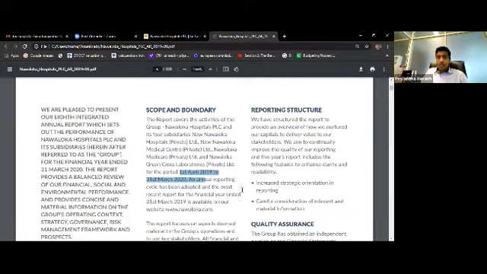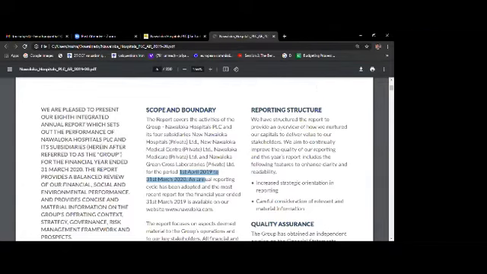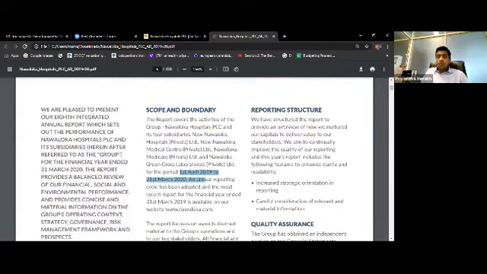Then reporting structure. Can you see this? Can see, sir, yes. Yeah, reporting structure. We have structured the report to provide an overview of how we nurtured our capital to deliver value to our stakeholders, right? Please try to understand all these parts.